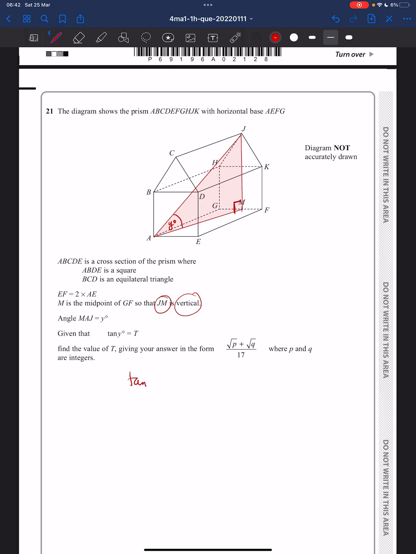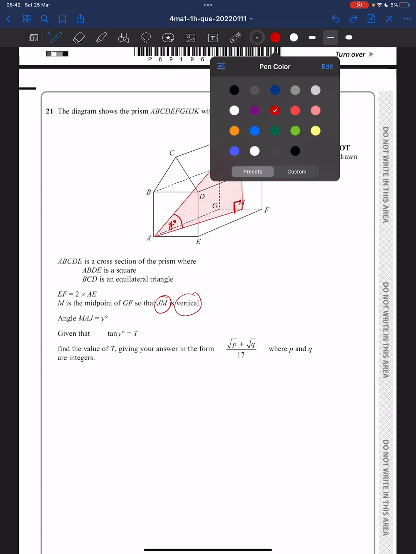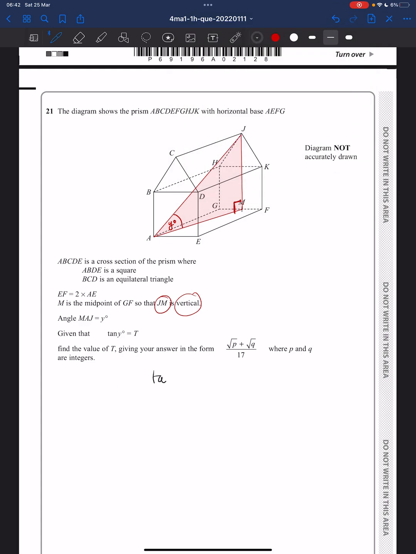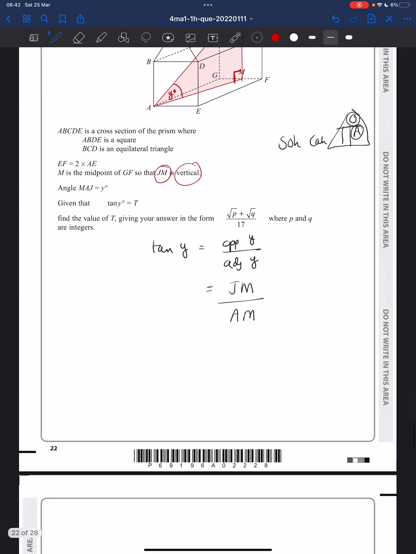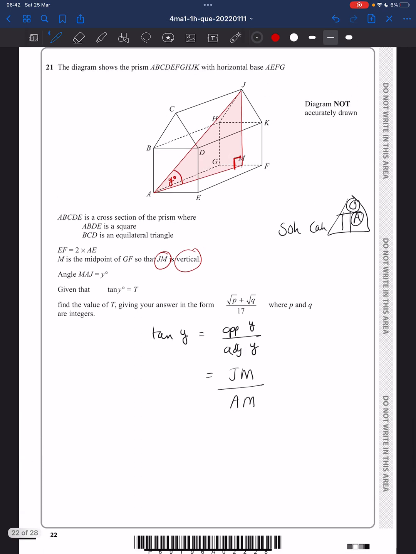Right, tan Y is opposite of Y divided by adjacent of Y. That's our SOHCAHTOA, it's the TOA. Tan is opposite over adjacent. Opposite Y, so this is JM divided by AM. So that's what we need to work out, JM and AM.